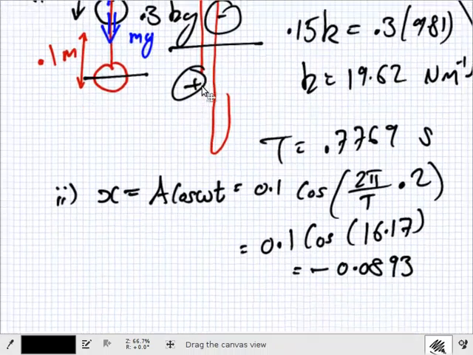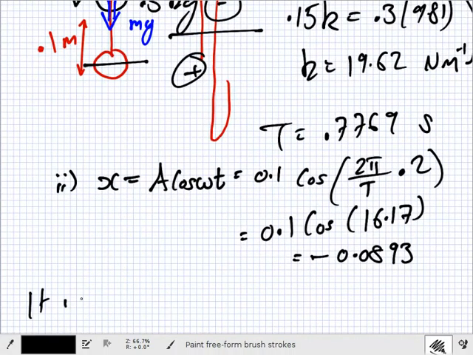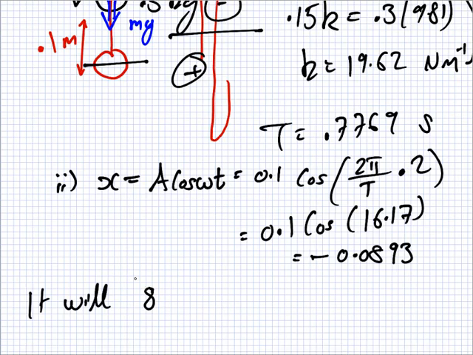So that means it will be 89.3 millimeters above the equilibrium.